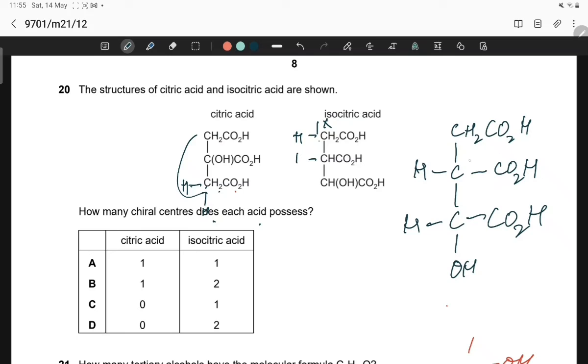So there are 2 chiral carbons. This carbon is surrounded by 4 different groups, 1, 2, 3 and 4, and this carbon also has 4 different groups. So this must be chiral, this must be chiral. So in citric acid there are 0 chiral carbons, and D option is correct, because isocitric acid has 2 chiral carbons, so D option is correct.